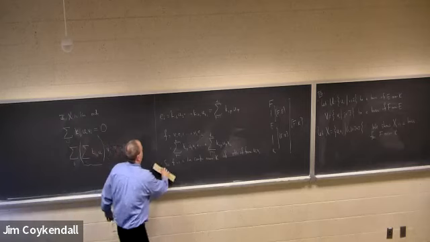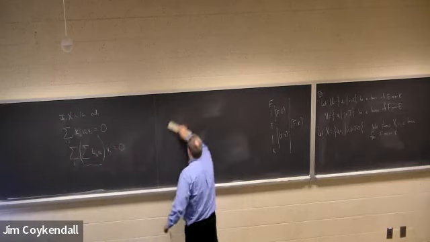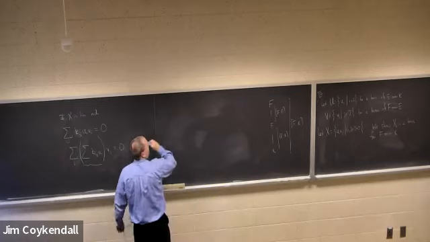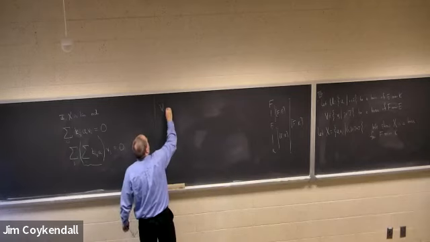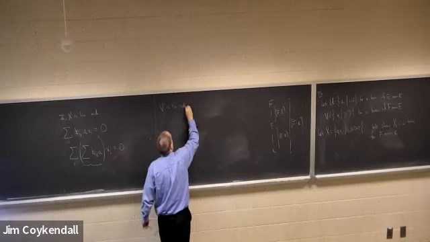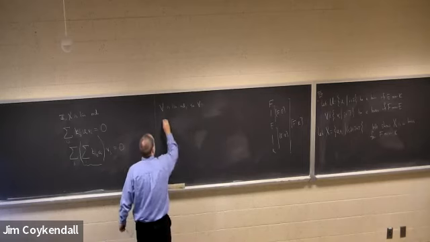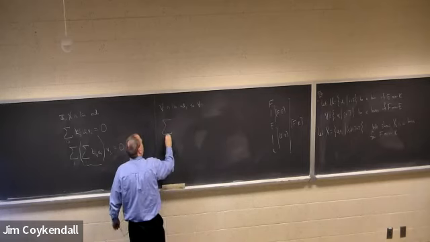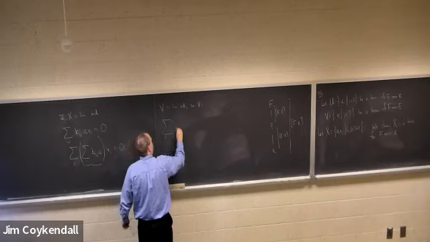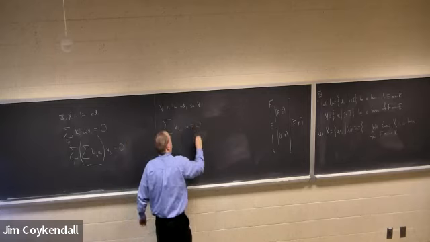So since the set V is linearly independent, for all I we have the sum of K I J U I equal to 0.